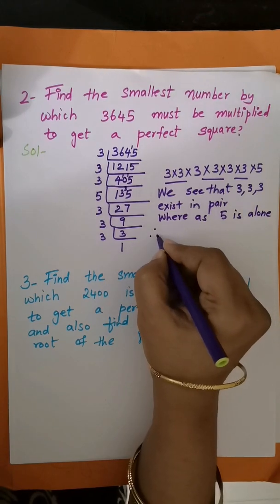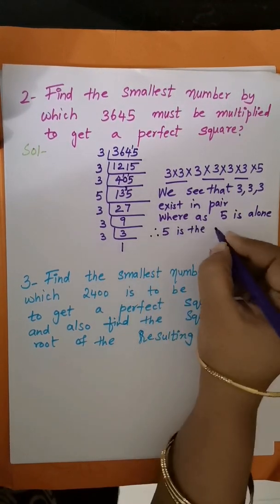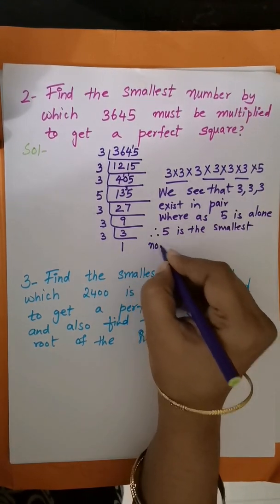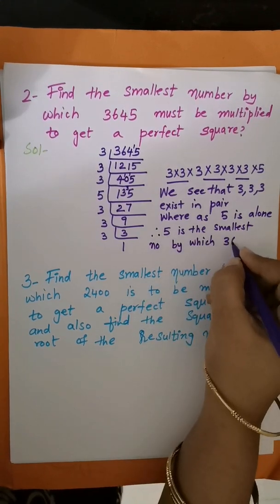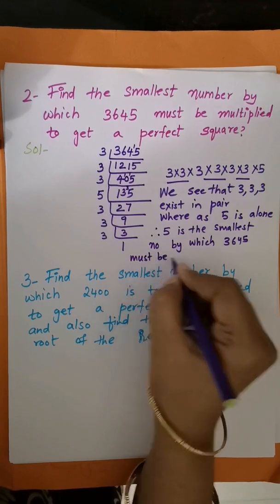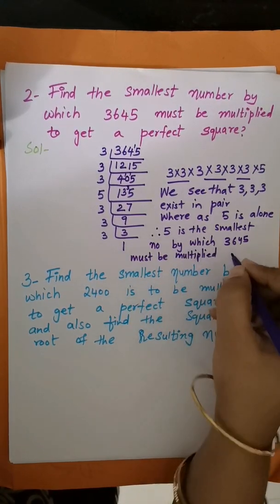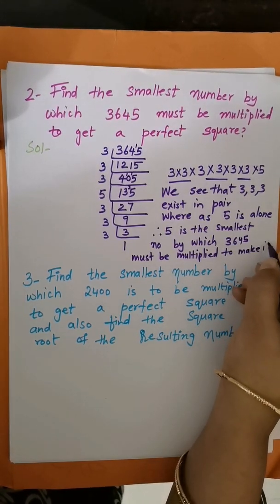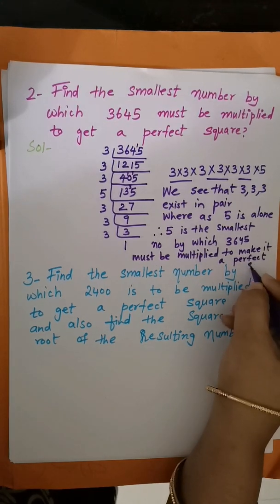So therefore 5 is the smallest number by which 3645 must be multiplied to make it a perfect square.